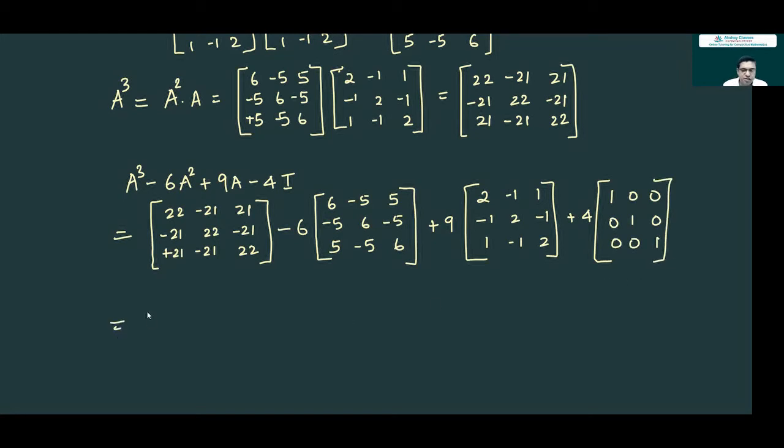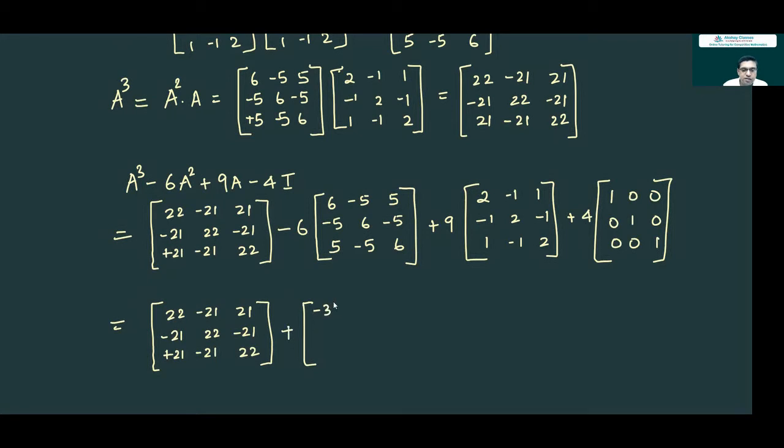So you cross check now. This matrix remains as it is, A cube. You get minus 6 times of this. So you get minus 36.